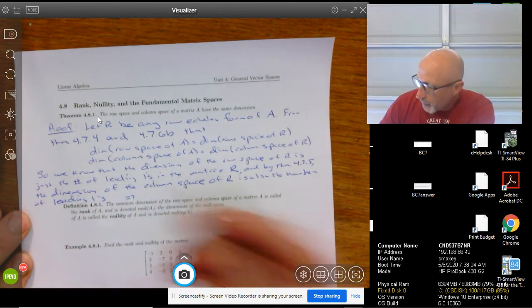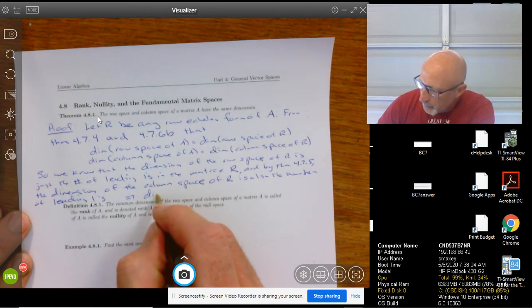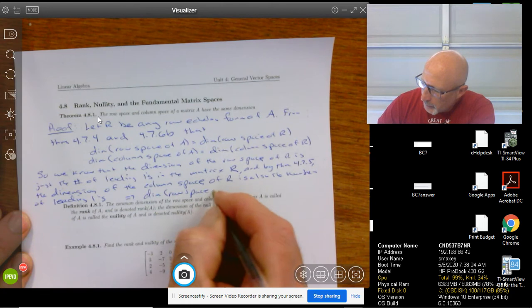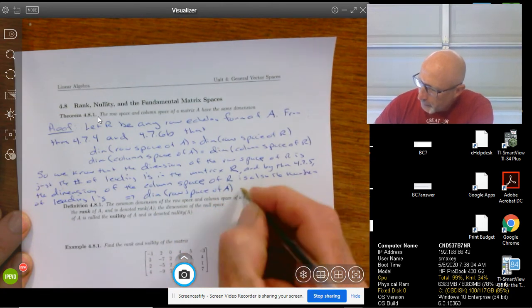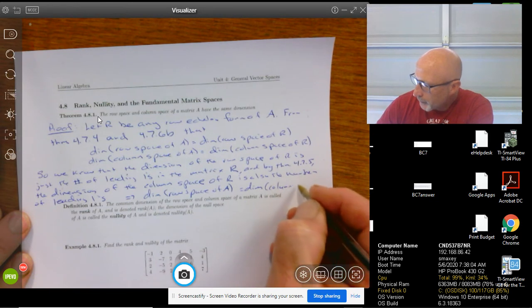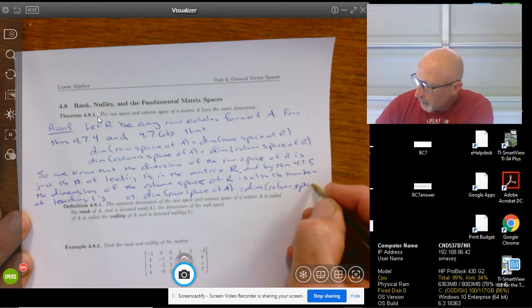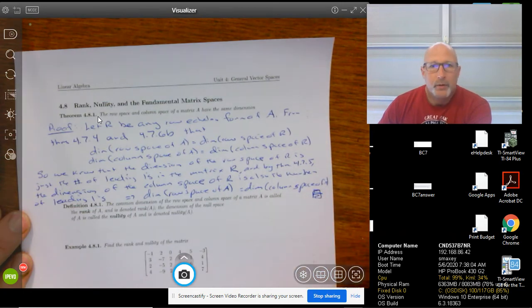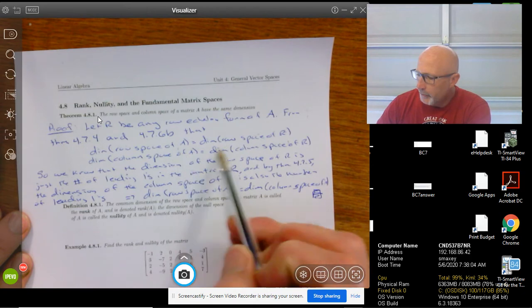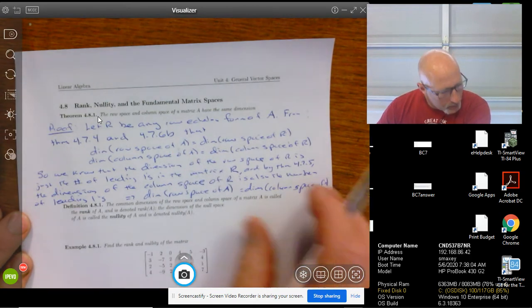Therefore, our conclusion is that the dimension of the row space of A is equal to the dimension of the column space of A. Okay, and we're done. We showed that these two are equal to each other, and since this is equal to that one and this one's equal to that one, those two must be equal to each other as well.